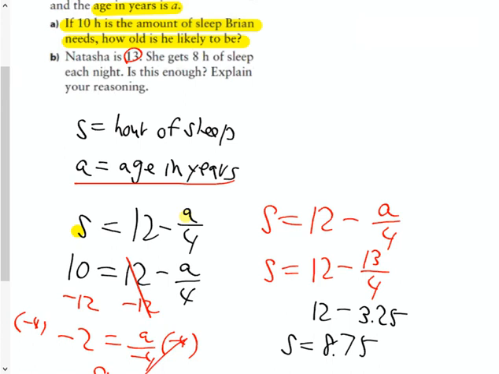So without using algebra, just BEDMAS and substituting Natasha's age, I've determined that if Natasha's 13, using that formula, she needs 8.75 hours of sleep, or 8 hours and 45 minutes of sleep, because 3/4 of an hour, or 0.75 of an hour, is 45 minutes. If she's getting 8, is she getting enough sleep? No. How much more sleep does she need? She needs another 45 minutes of sleep each night.